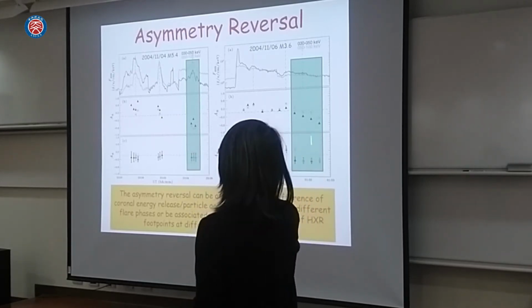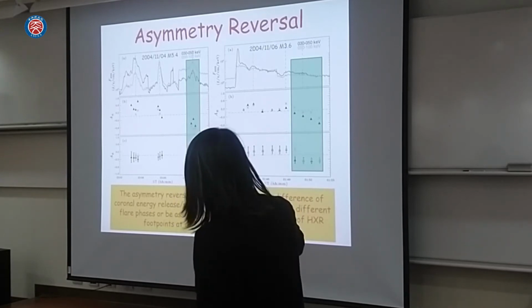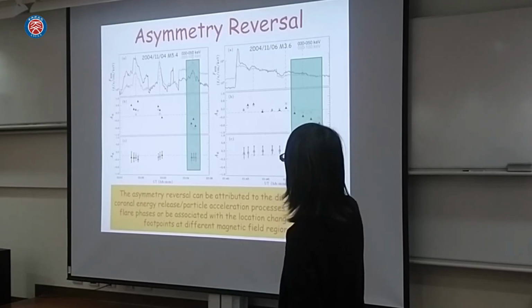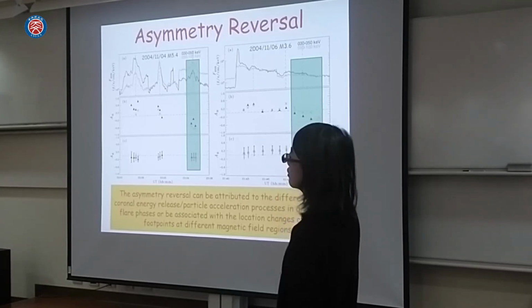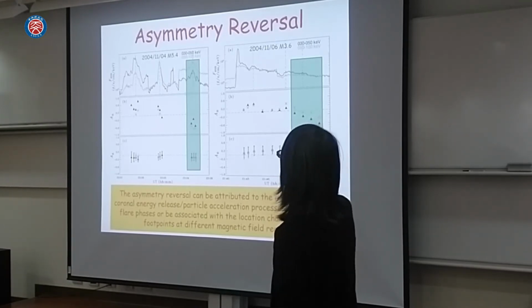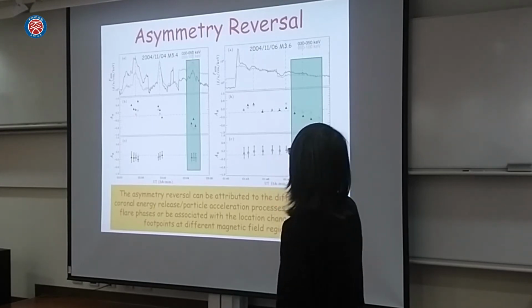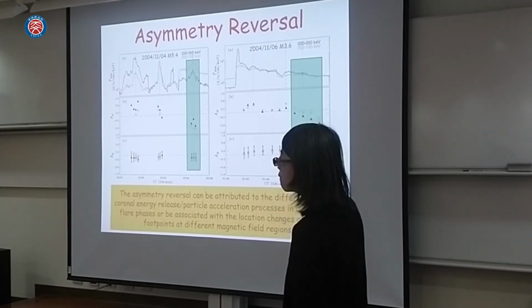Okay, but on the other hand, for the right case, we also see the AH change sign here, but we cannot see any corresponding variation in the HXR light curve. But we do see the AB also change sign at the same time.